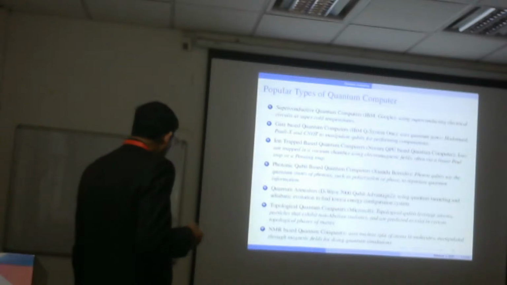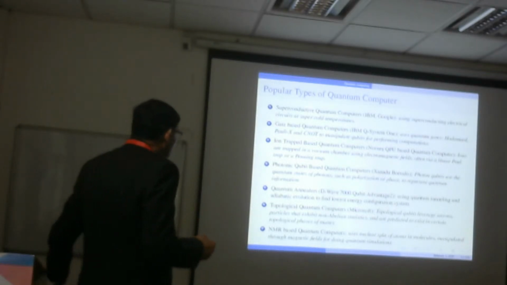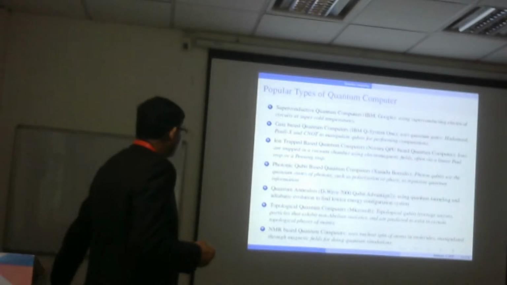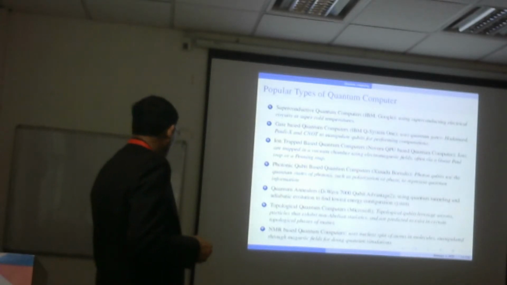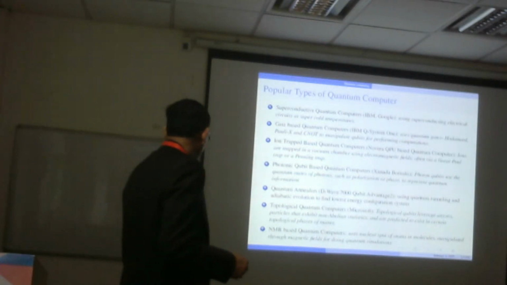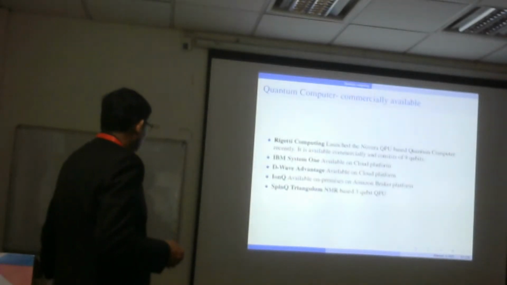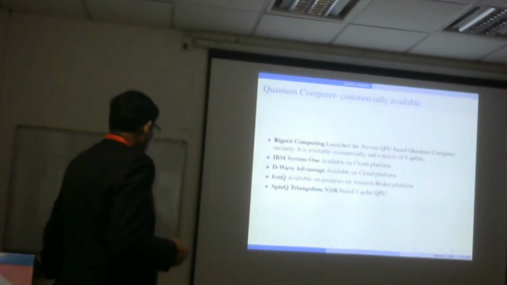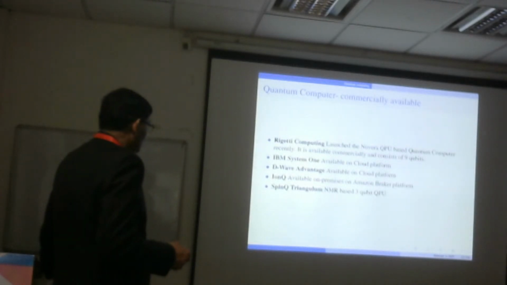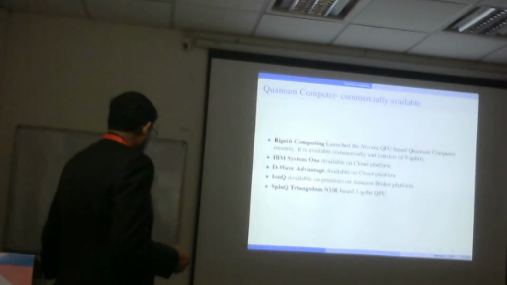We have certain kinds of quantum computers: superconducting quantum computers, gate-based, ion trap-based, photonic-based, quantum annealers, topological quantum computers, and NMR-based quantum computers. Some are commercially available, like the recently launched 9-qubit machine, IBM System One, and D-Wave Advantage.